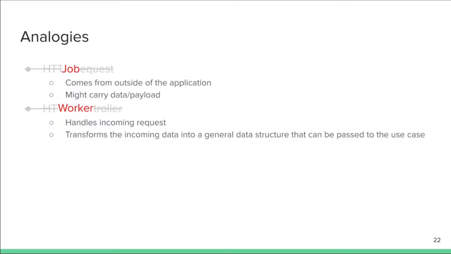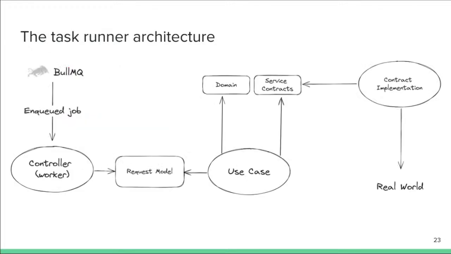Let's talk like that. And it also can carry a payload. Okay, the job data is a payload, and a worker handles incoming requests. That's job, so it handles jobs. And what it does is it just delegates to the use case, the same as a controller. So I just realized that, and that was amazing.